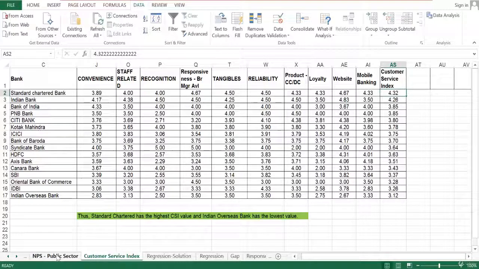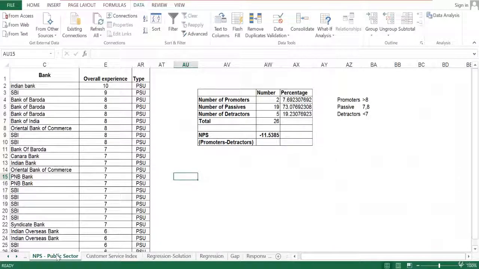We started with the exercise where we wanted to calculate the net promoter score. Next, we separated the public sector banks and the private sector banks, because we want to individually calculate the net promoter score of all the banks under the PSU umbrella and under the private umbrella. Promoters are the customers who have rated their overall experience as greater than 8.